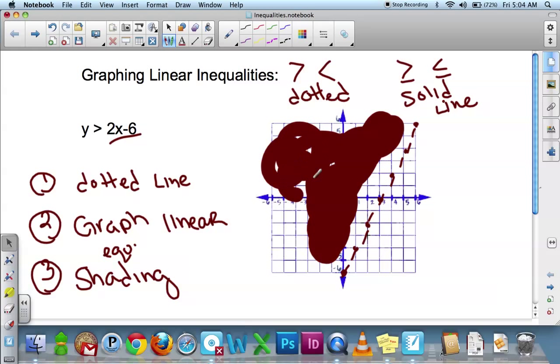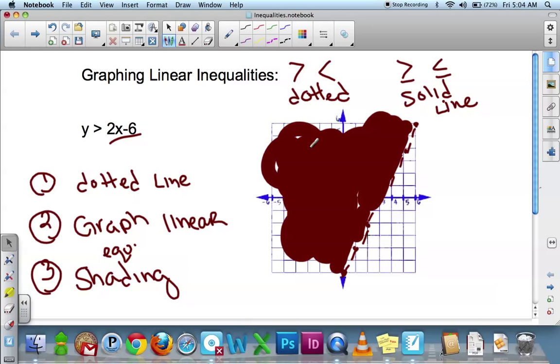So all of this is going to be shaded, except for that line, but I didn't do a very good job in a couple spots. But you guys get the idea. If it said less than, then that would mean we'd go below or right of the line. If it was a horizontal line, it's easier to tell above and below.